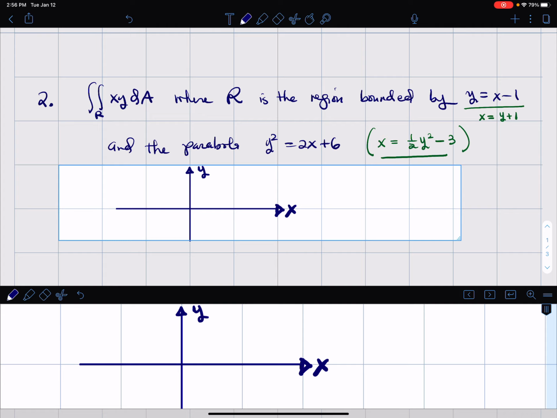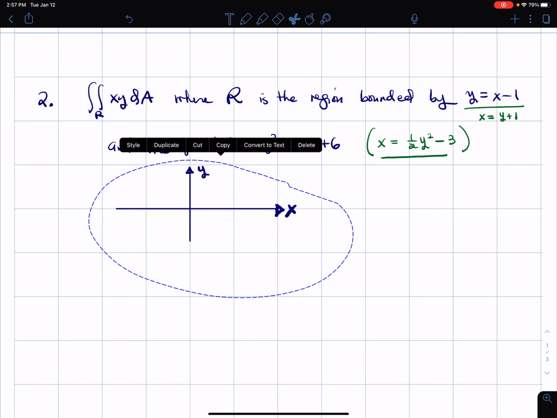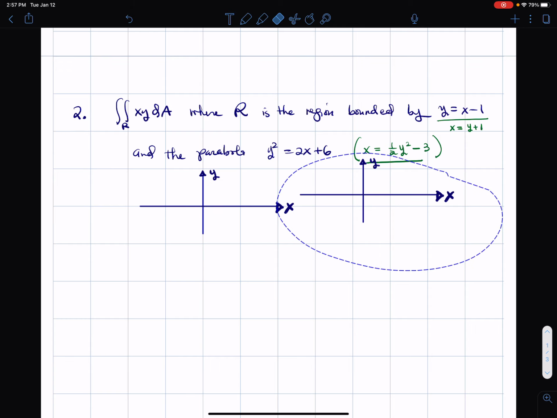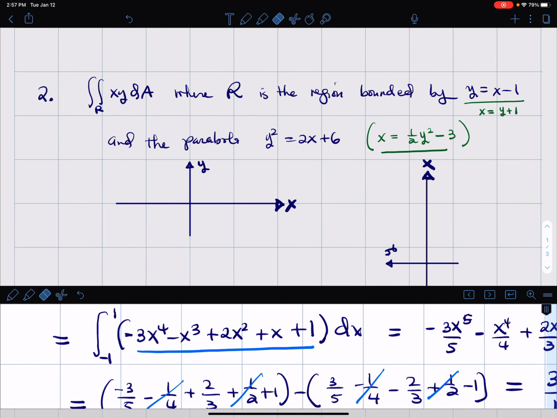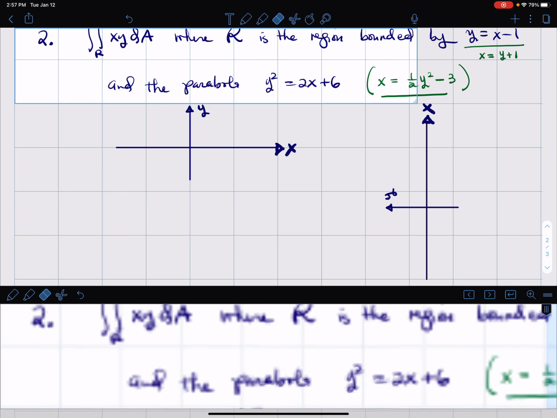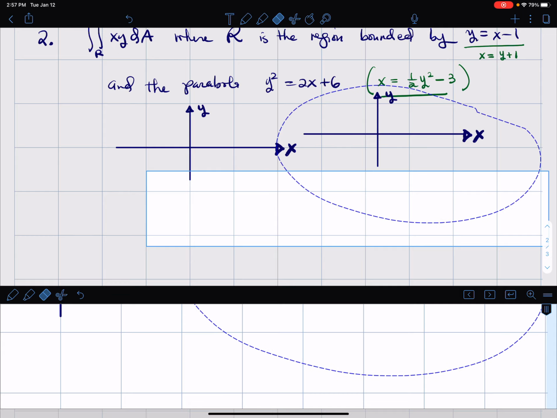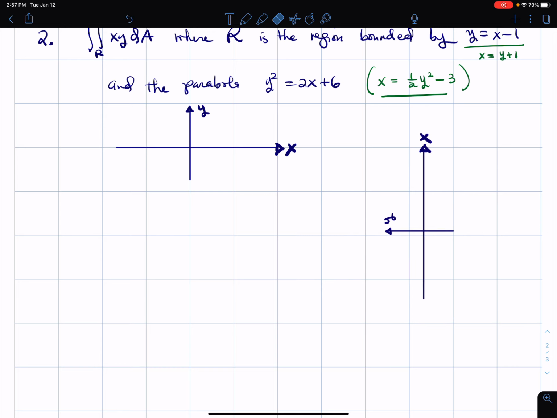So what do we do if we take this? I'm going to copy this, paste it here, and rotate this. Oh no, I can't. Oh, yep, I can do it. Okay. Think of this now, and instead of making this the positive x-axis, I'm going to flip it around. Oh no, I didn't ask you to do that. All right.